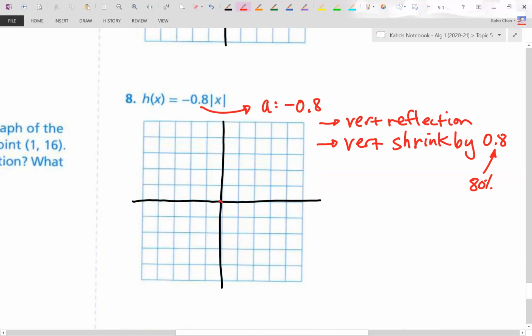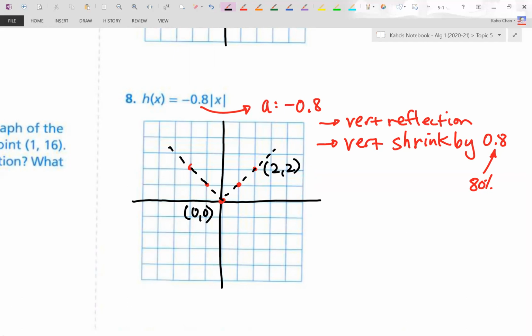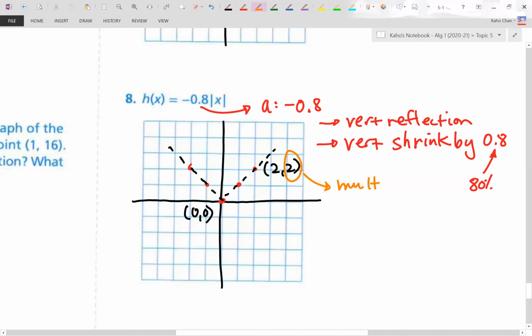Always draw on your parent graph first. Best way to get going there. Who's your daddy there? And 2, 2 is a great place to start. 2 times negative 0.8 is going to be negative 1.6. So what I'm doing is I'm going to multiply this by my A value.